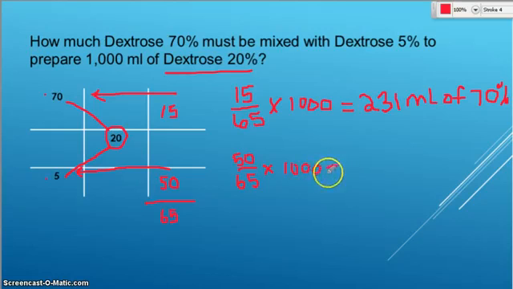Again, we're going to put that 50 over 65 into our calculator, hit the equals button, then multiply by 1,000. Since we rounded our first answer to the nearest whole, we're going to round this one to the nearest whole also, and you're going to get 769 milliliters, and this time it's the 5% because again we're reading across the grid.